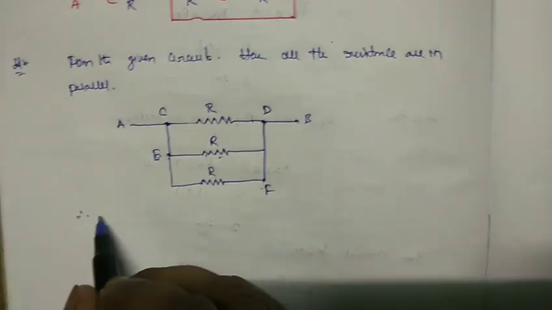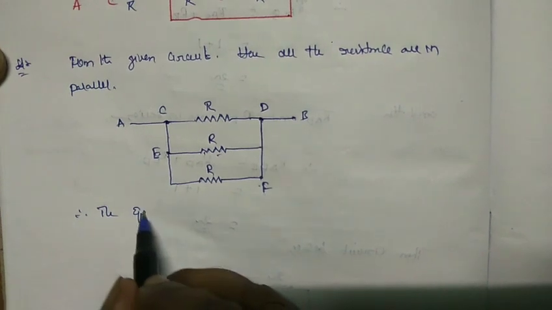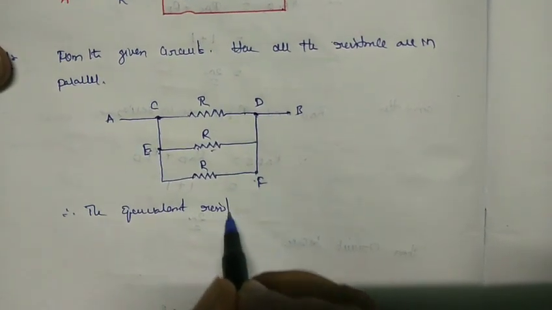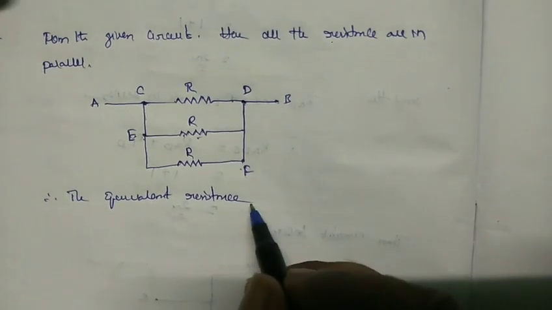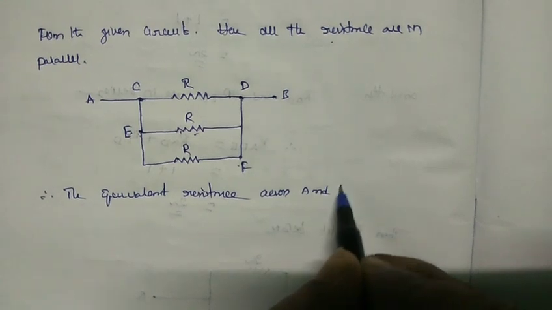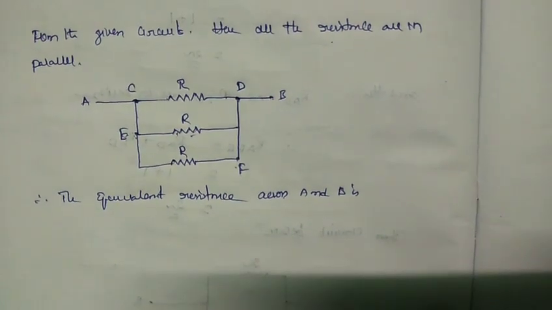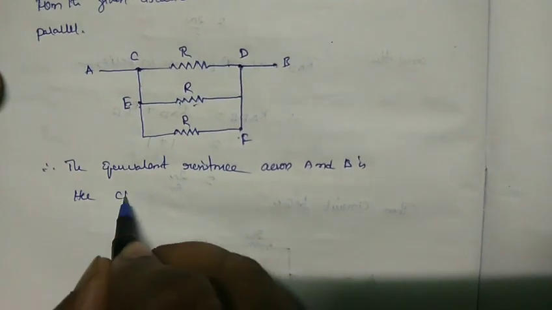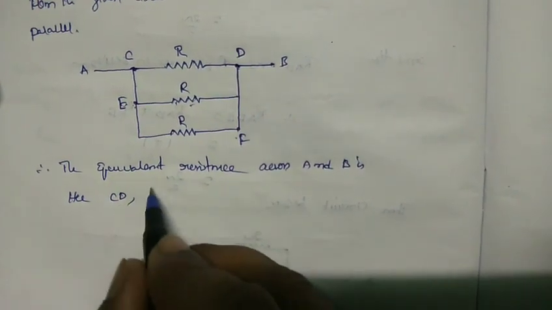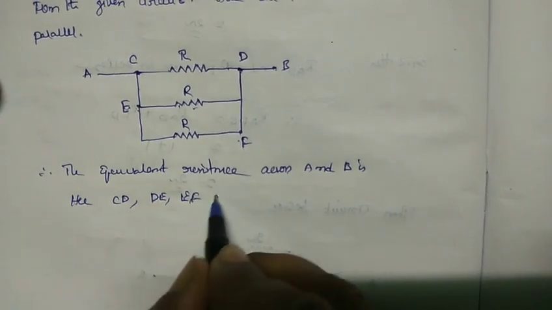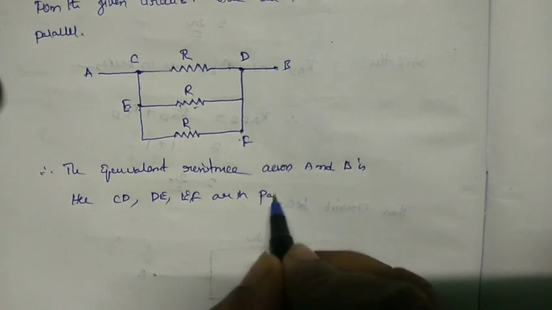Therefore, the equivalent resistance across A and B is, here, CD and DE and EF are in parallel connection.